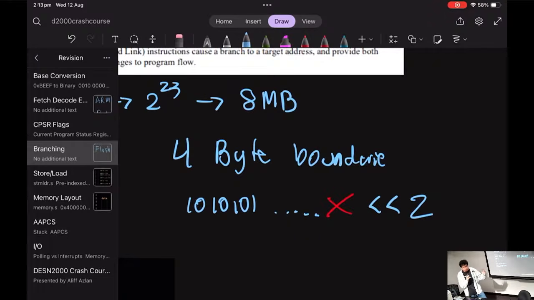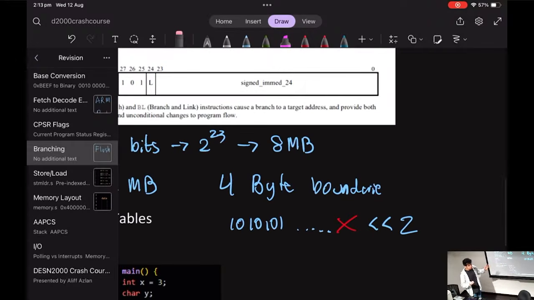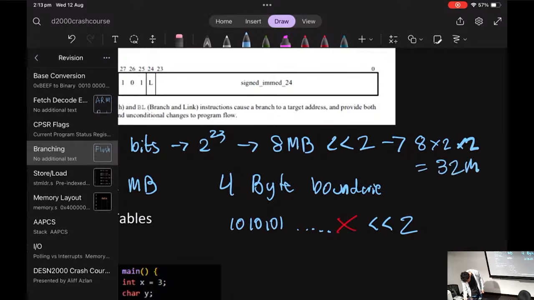So we shift it by 2 over, so that gives us the 2 missing bits, it enforces that our boundary is at a 4-byte boundary, and it also allows us to extend our range up from 8 megabytes. If we shift this by 2, that ends up being 8 times 2 times 2, and that actually gives us our 32 megabyte limit.